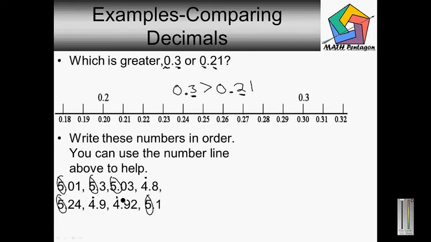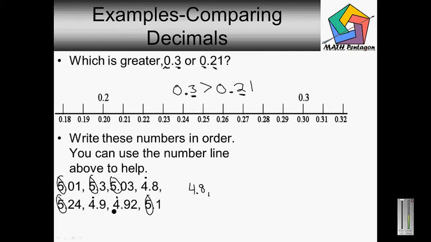So let's just focus on the dots that I put next to the numbers. And okay, we got 4.8, 4.9, 4.92. So the first number that would go in would be 4.8, because 8 is lower than the 9.